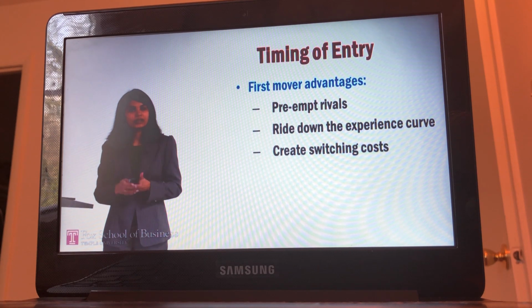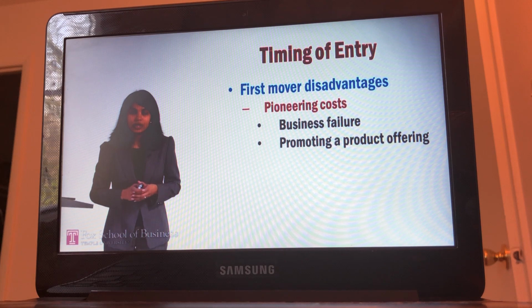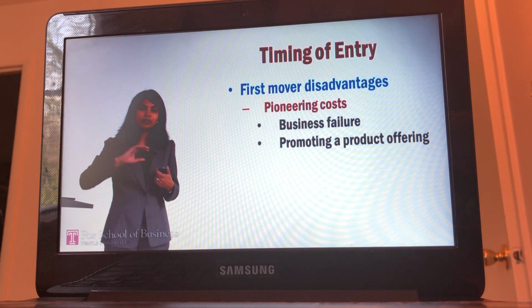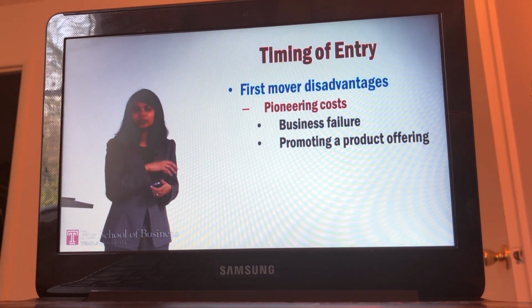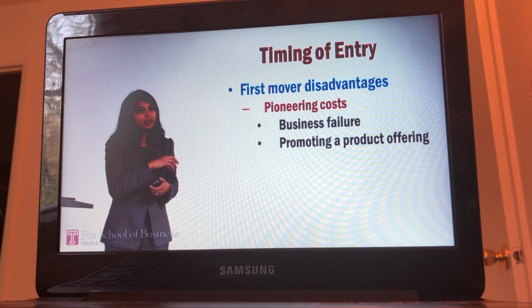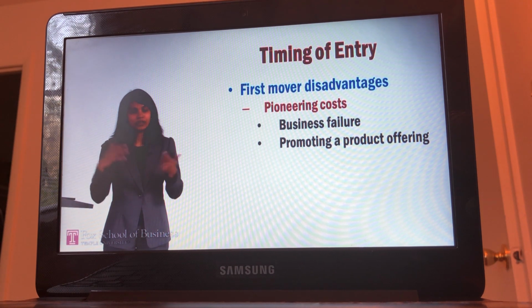But there are also certain disadvantages of being a first mover. When the business environment of that foreign country is totally different from the business environment of the home country of that firm, then that firm is in a very different and difficult territory.